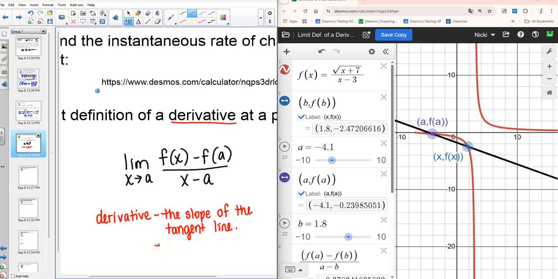That slope of the tangent line could also be defined as the instantaneous rate of change.